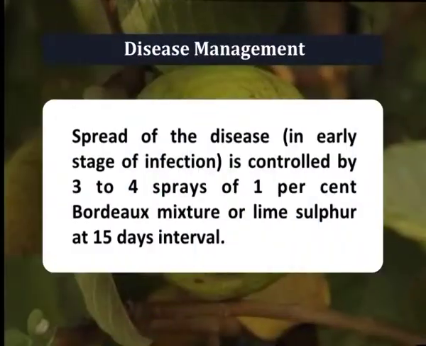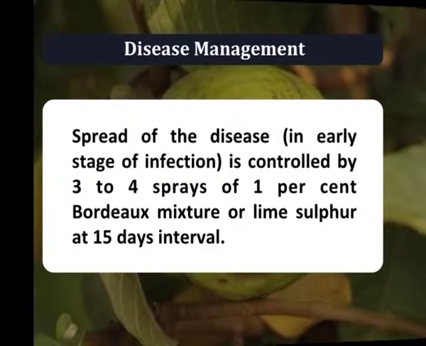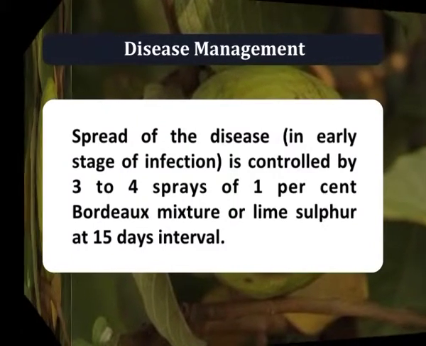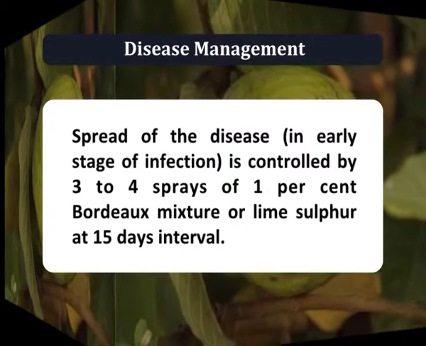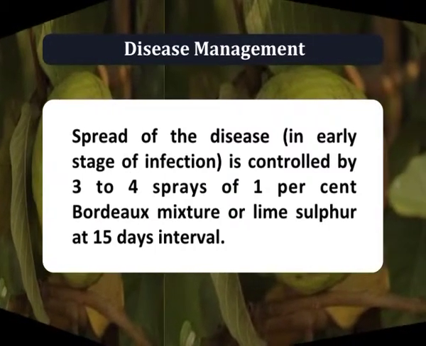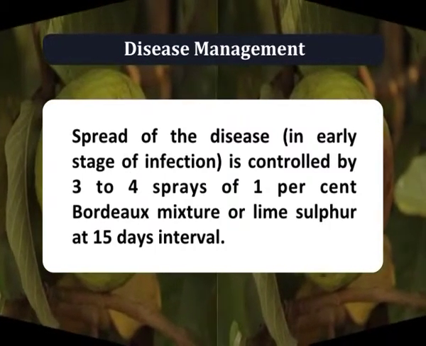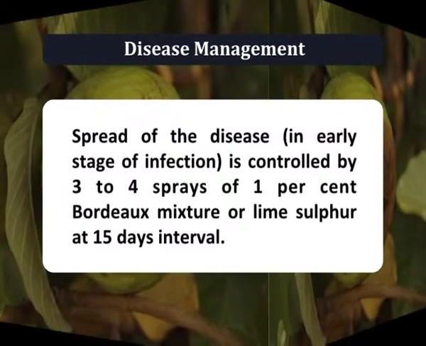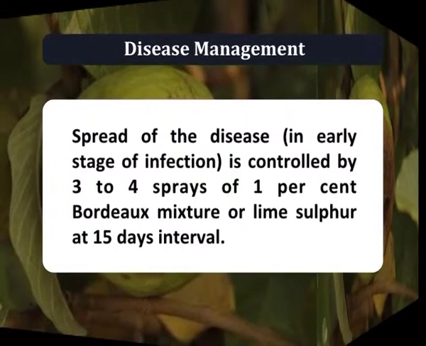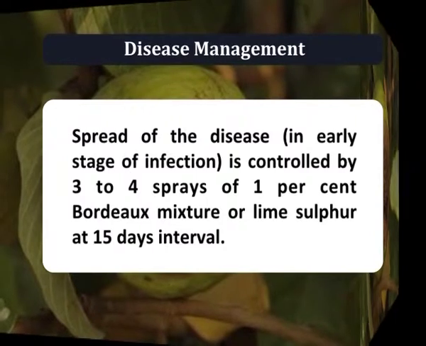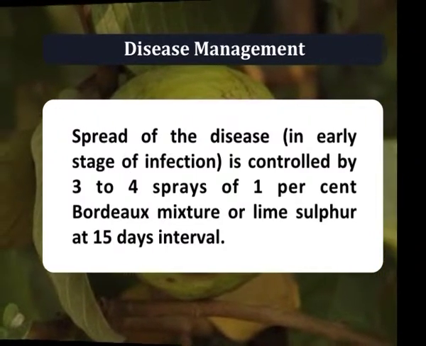Now let's see the management of the disease. Spread of the disease in the early stage of infection is controlled by 3 to 4 sprays of 1% Bordeaux mixture or lime sulfur at 15 days interval. So this is about the management of the disease.